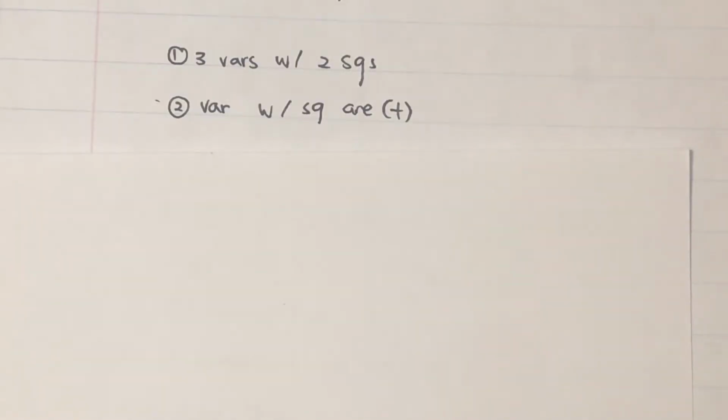There are two characteristics for the elliptic paraboloid. The first characteristic is that of the three variables, two of them have squares. And the second characteristic is that the variables with squares are all positive.